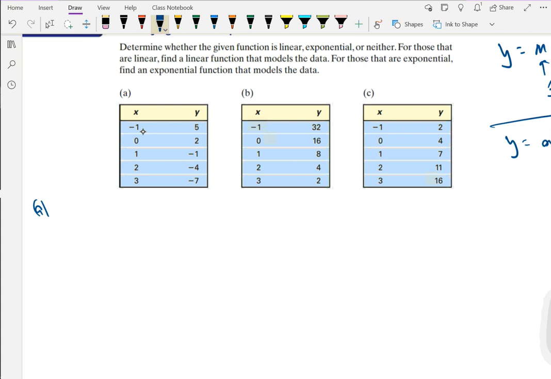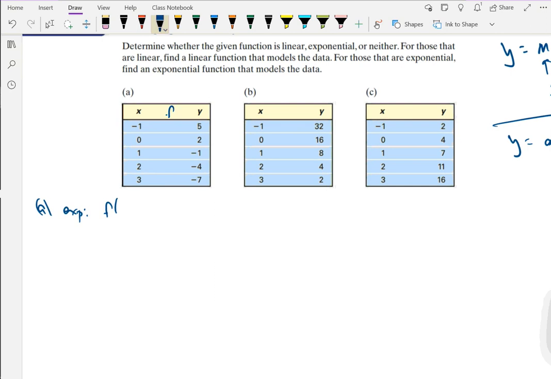So as we take a look at the x values, looks like they're all going up by 1. Are the y values changing by a particular amount? If I'm going to see if this is exponential, I need to compare successive y values and see if they end up being in the same ratio. So let's call this y also just f of x, just for ease of use.